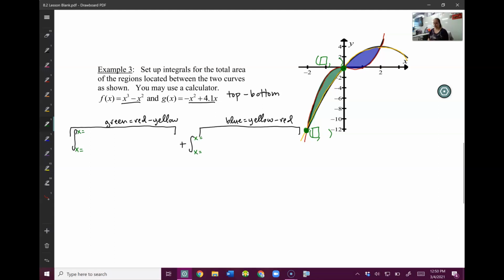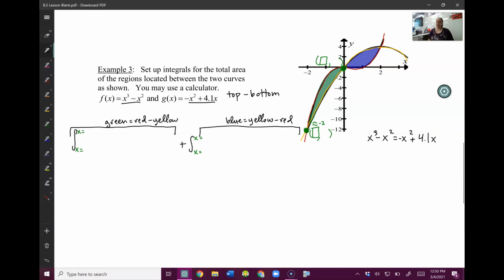Now, if I look at this x value, that looks pretty darn close to -2. But like we learned in the last video, if you assume that's a -2, you would actually be wrong this time. So to confirm what the intersection points are, we're going to set the equations equal to each other, and then solve.